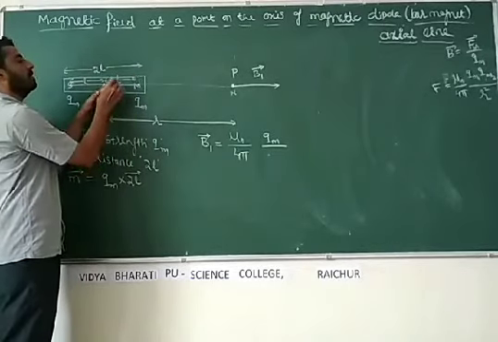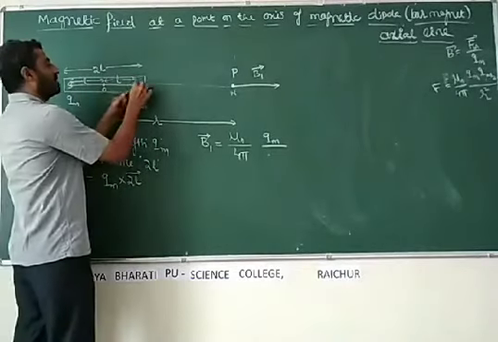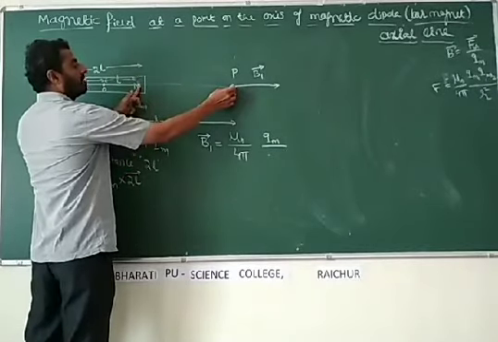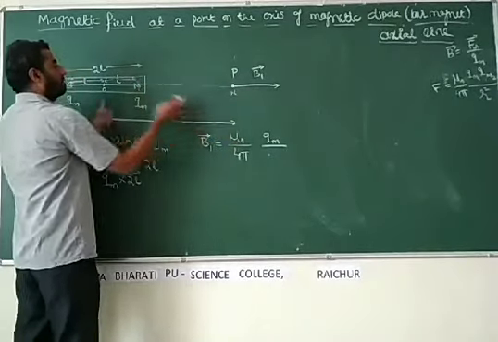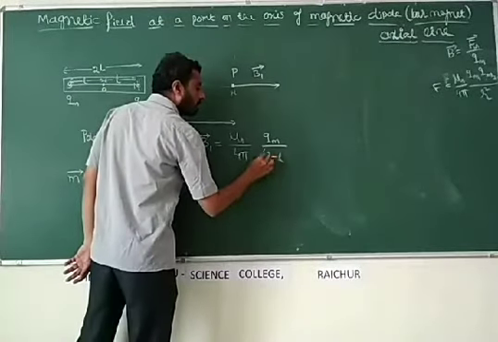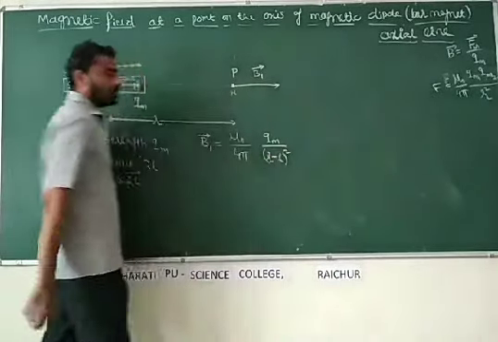I need the distance from the north pole of this dipole to the point of observation. This is r minus L. The distance is (r minus L) whole square.